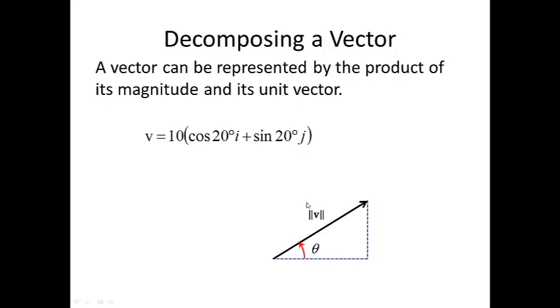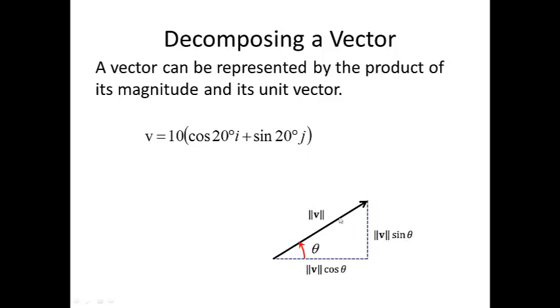We can say the adjacent over the magnitude, or magnitude of 1 on my unit circle, we'll get the cosine of theta times whatever this is here. The magnitude will give me the horizontal component. Using the same logic, we can use the sine of theta times the magnitude will give me the vertical component.